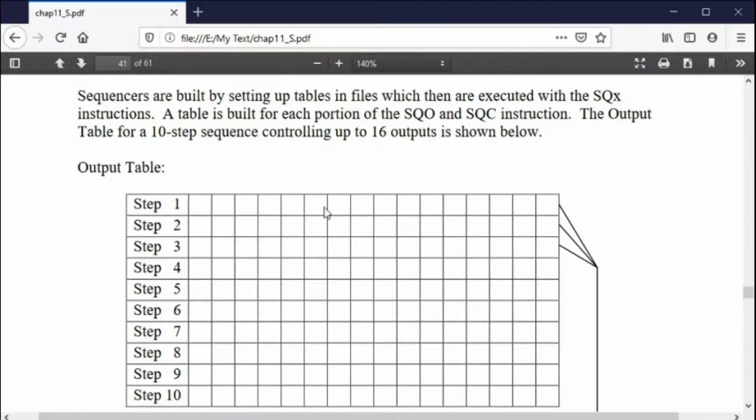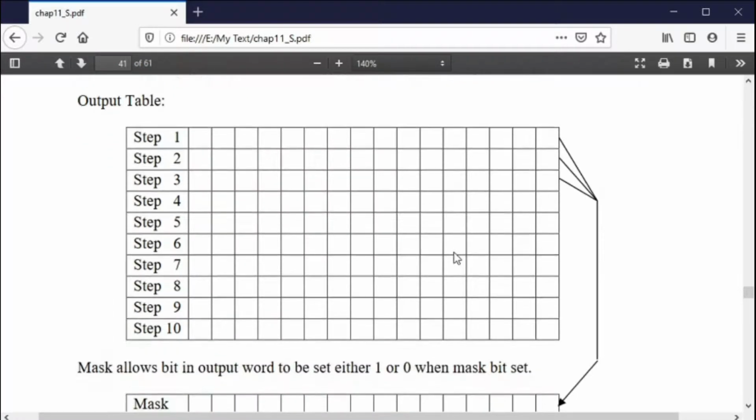So if I had these outputs turned on in step 1, I would turn those on. This is hard because unless you're the person that's setting that up and you have good documentation, and that documentation is passed along, people that pick up your program later on don't have this chart, don't have the information that you had, and as a result, it's very hard for somebody after the fact to come in and diagnose what you're trying to do.